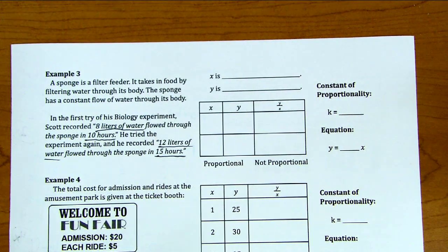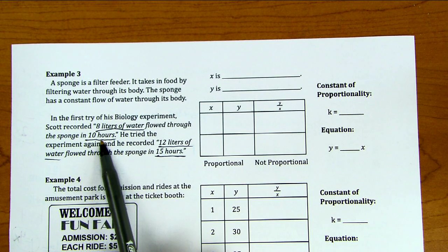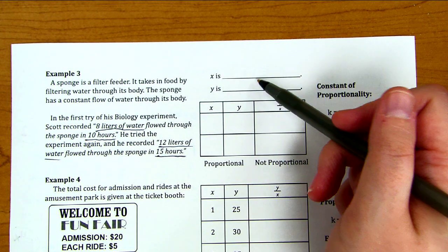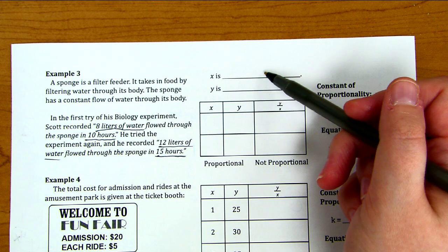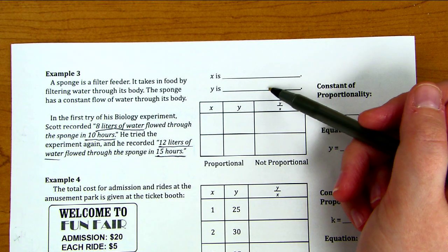So if we're looking at this, we're given information about the amount of water, the liters of water, and the amount of time in hours. Those are the two quantities that we are working with in this problem. So we need to decide which of those quantities will be X, the independent variable, and which will be Y, the dependent variable.